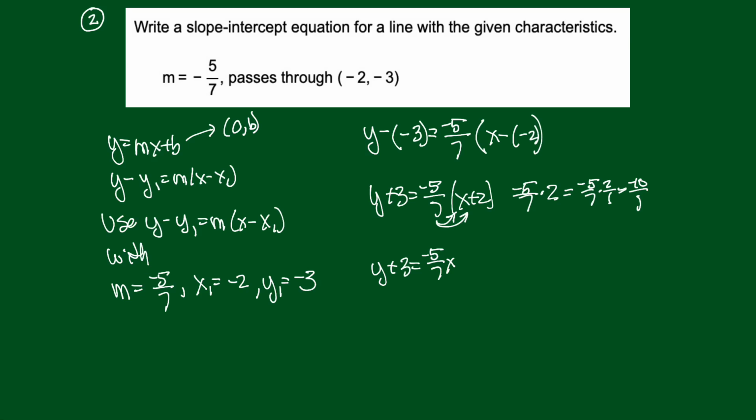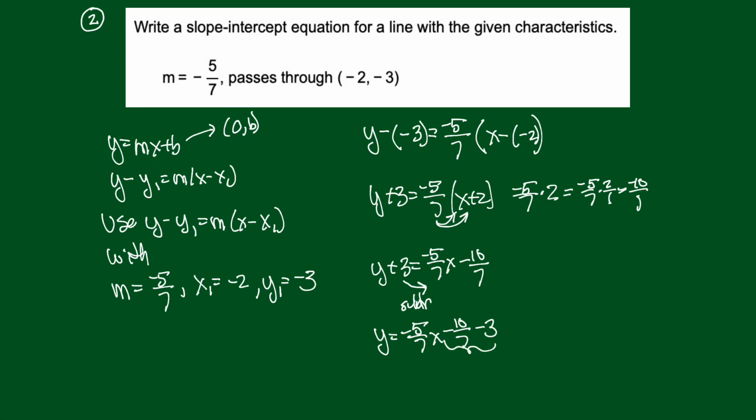All right, so we'll get y plus 3 equals negative 5/7 x minus 10/7. Now we're almost there. I need to get that 3 off the left side, so I'm going to subtract 3. So we will get y equals negative 5/7 x minus 10/7 minus 3.